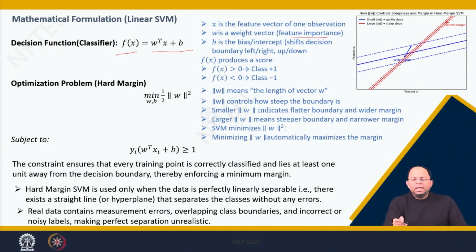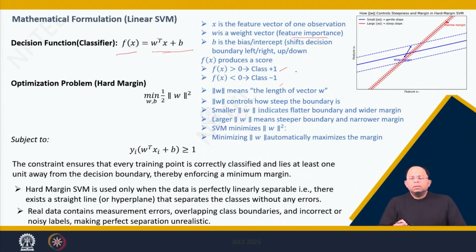The role of the bias is that it can shift the decision boundary left, right, up or down. So we get a score from this equation, with w1 x1, w2 x2, and so on. When the total score f(x) is greater than 0, the point belongs to class 1, and if it is less than 0, the point belongs to class -1. That is how we classify between the different classes.